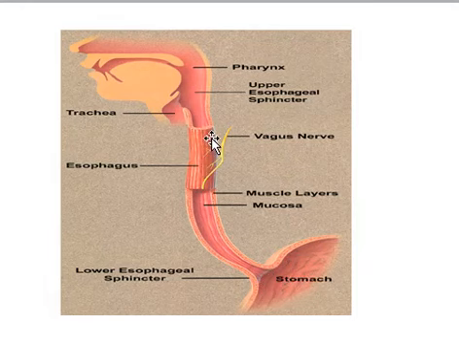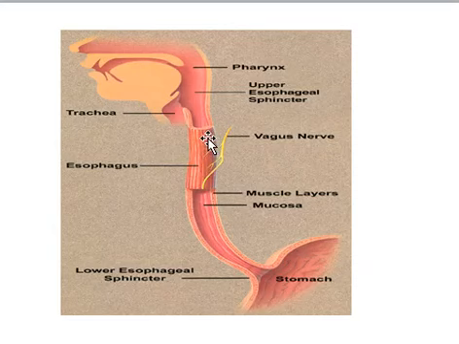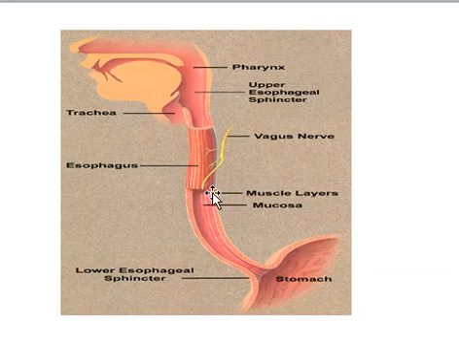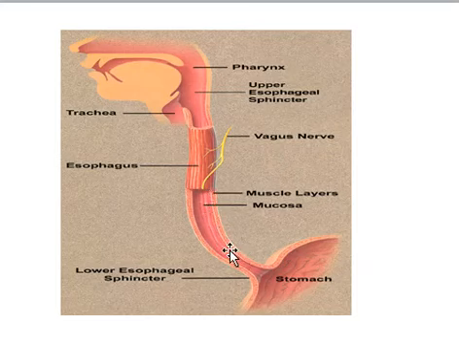Histologically, the muscle of the esophagus in the first third is skeletal, while in the second third it is mixed, smooth and skeletal, but the final third contains only smooth muscle.